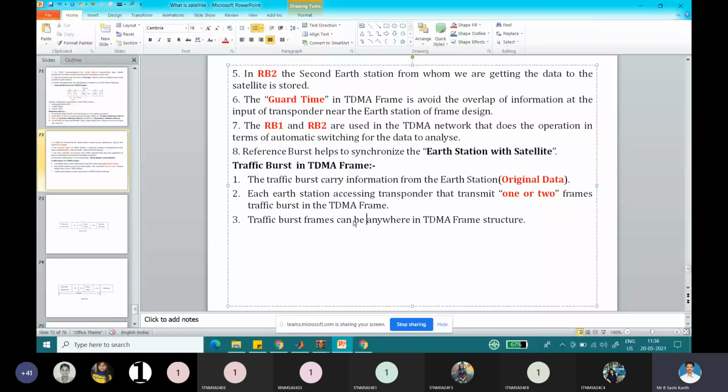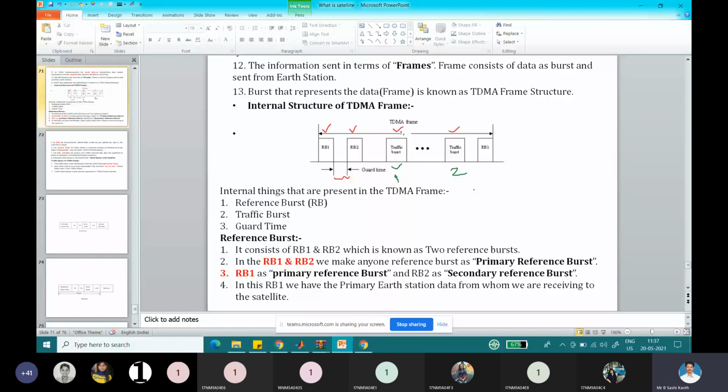Don't forget that. In the figure itself, it is shown clearly that we have the traffic burst here. This is one frame, and this is two. So you can have this traffic burst anywhere in the frame.